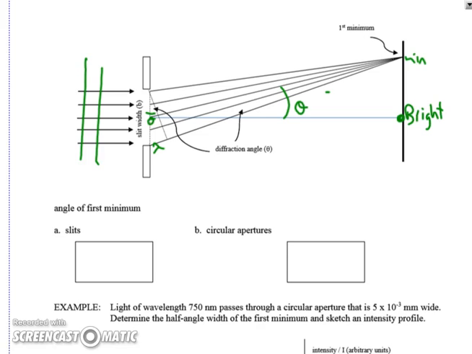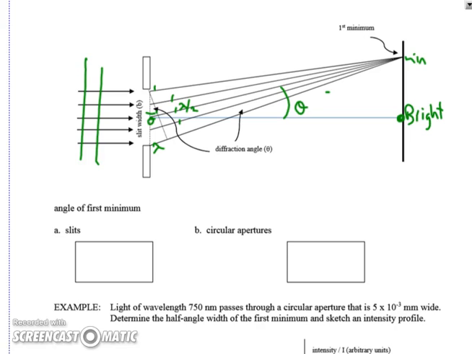Well, between the top ray and the bottom ray, we have some other rays. You can see 3 others shown right here. Halfway between the top and the bottom, the path difference is going to be lambda over 2. So this bottom ray travels a full wavelength greater than the top ray, but the middle ray travels half a wavelength further.